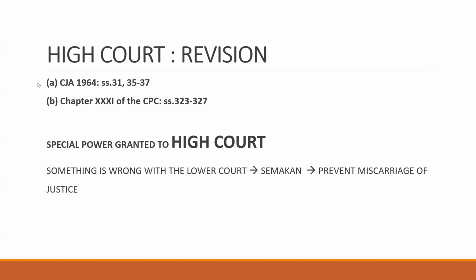And the provision that enables the High Court to do revision, the substantive law, the real power, comes from sections 31, 35 to 37 CJA. And how you do it, the procedural requirement, is under sections 323 to 327. For example, you file an originating summons plus affidavit.